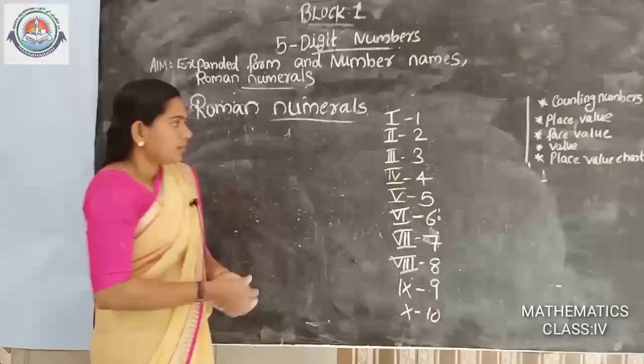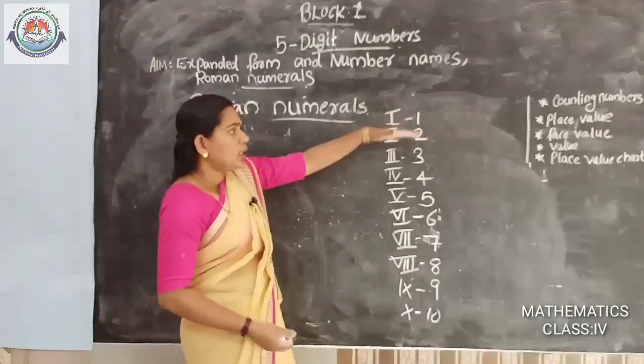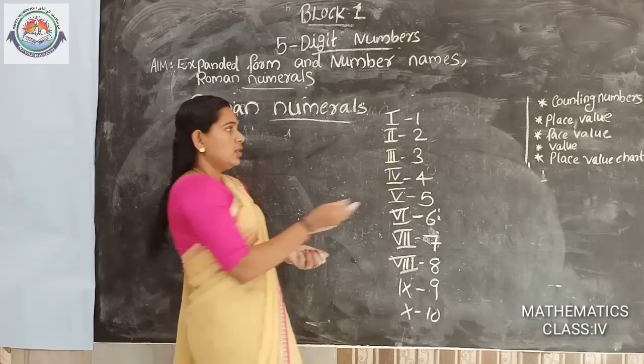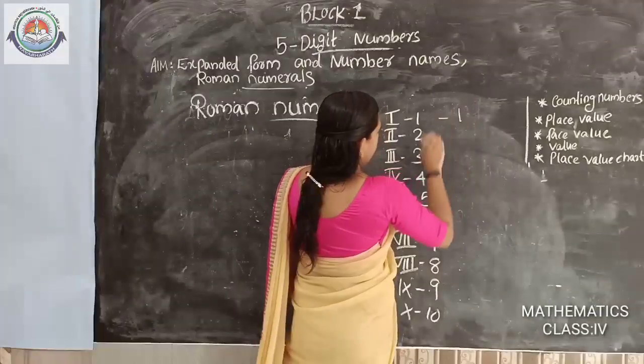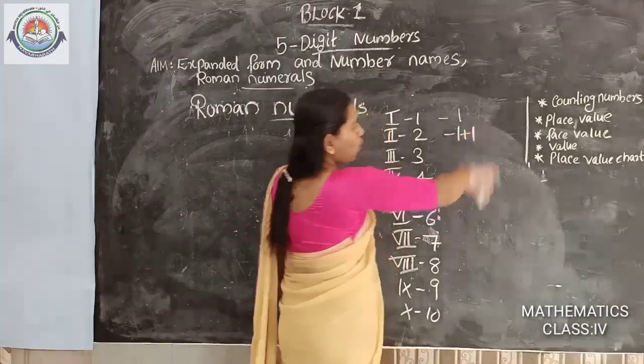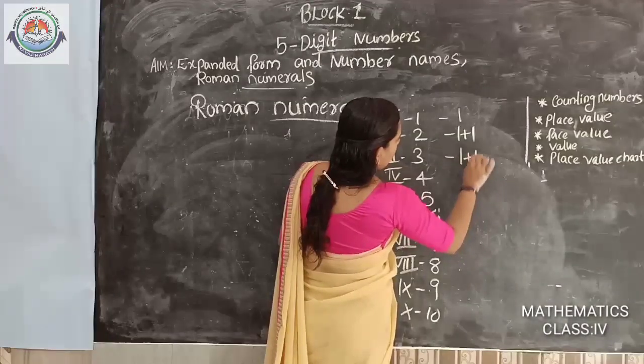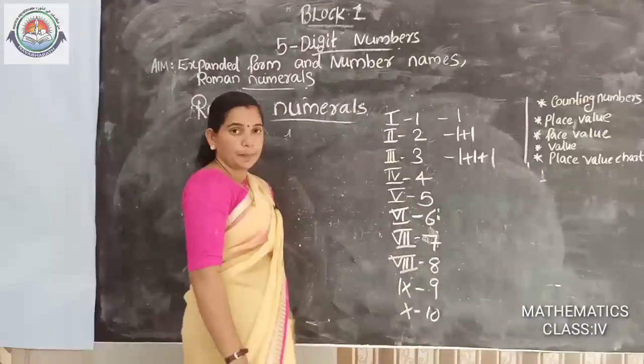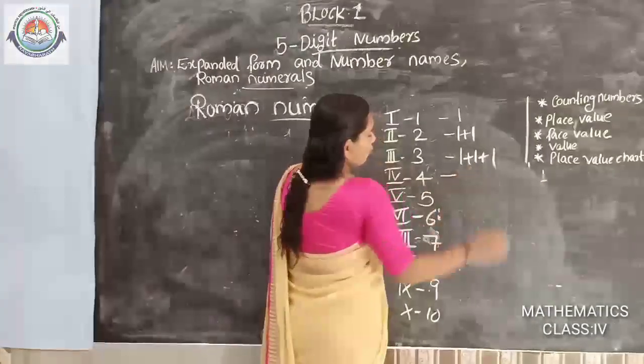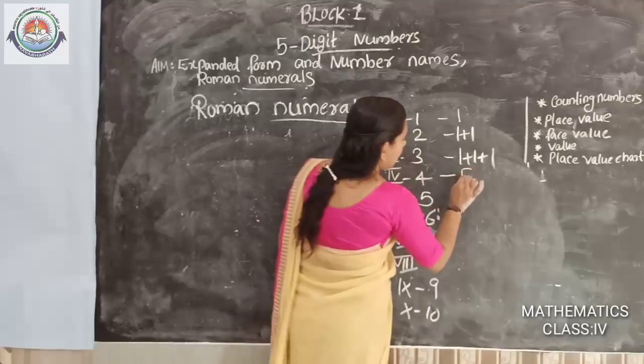Okay. 1, 2, 3. Here you just look, 1. 2 means 1 plus 1, 2 lines. 3 means 1 plus 1 plus 1. 4 means 5 minus 1.